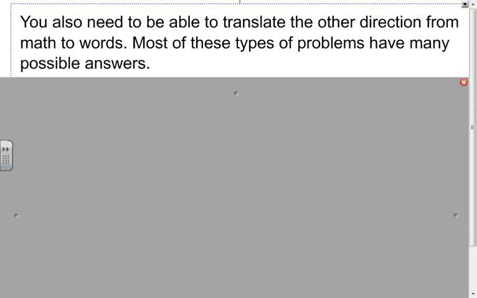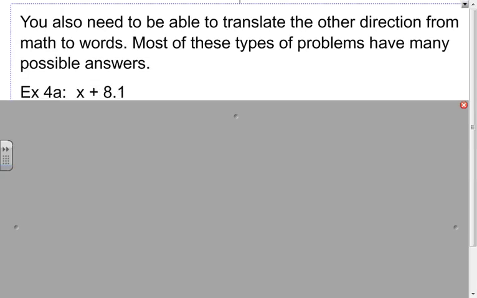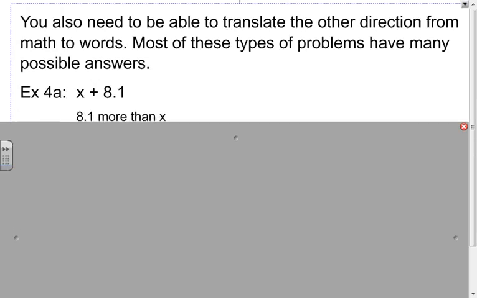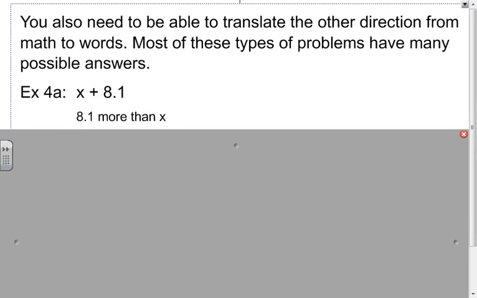You also need to be able to translate the other direction from math to words. We said that with a foreign language, you have to be able to translate both ways. Same thing in math. Most of these types of problems have many possible answers. For example, if I just read example 4a out loud, I say x plus 8.1. There's several different ways I can write that in words. I can write 8.1 more than x.